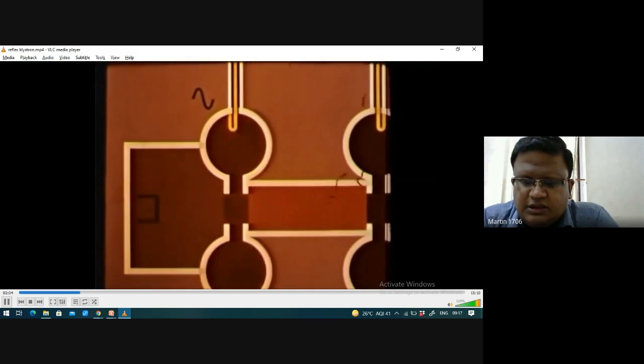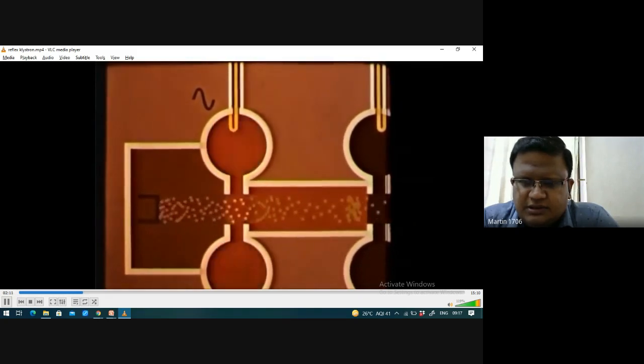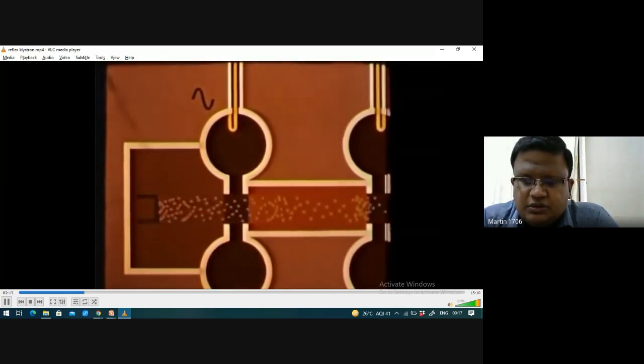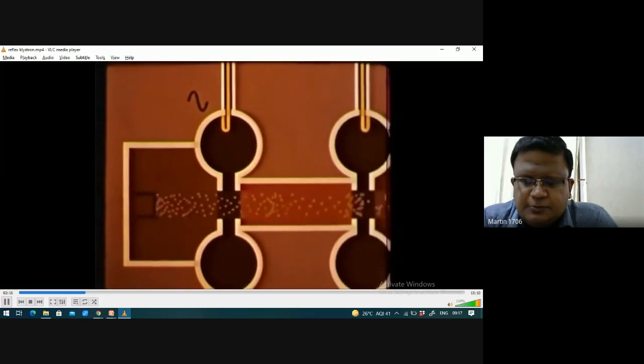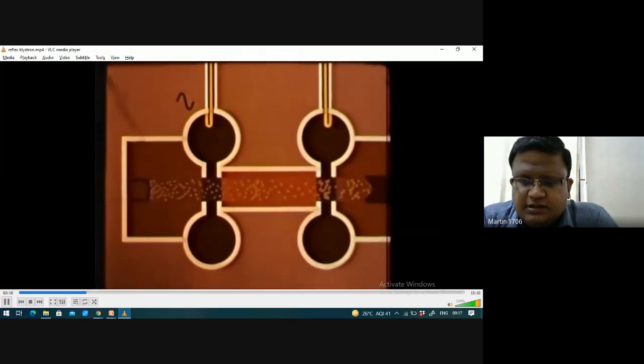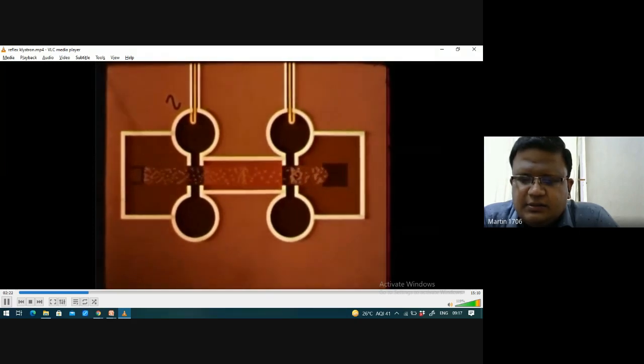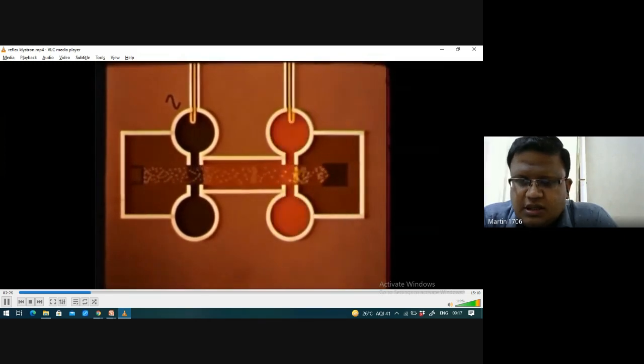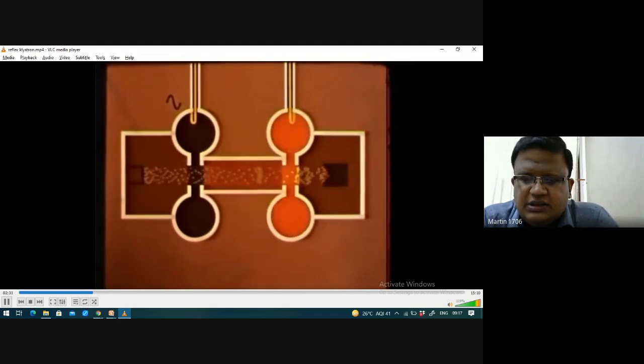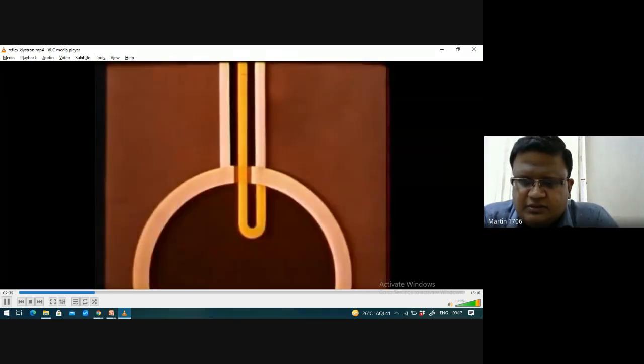Please see how the beam is evolving. Once the beam comes to the buncher cavity, the electrons coming from the input side are bunched together. In between, you can see some clustering of the electrons. It has been bunched, and when it goes to the catcher cavity, heavy radiation of signal takes place.